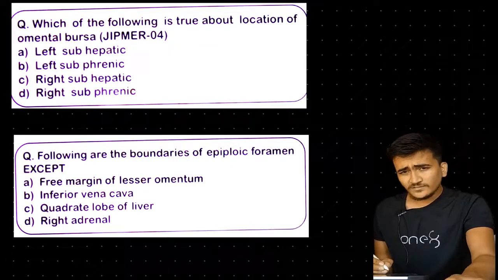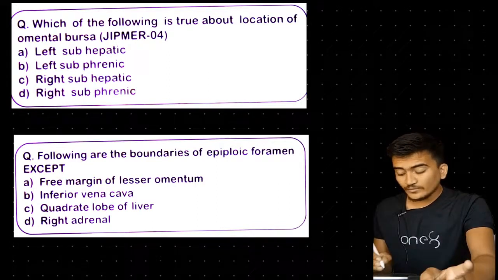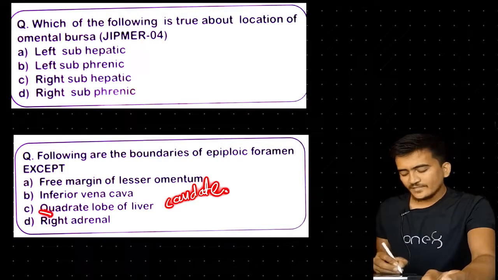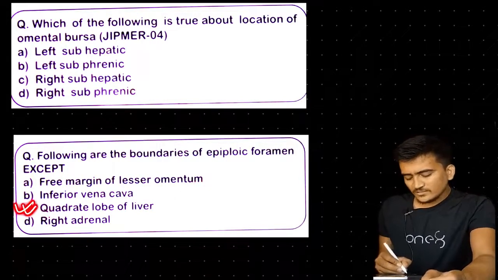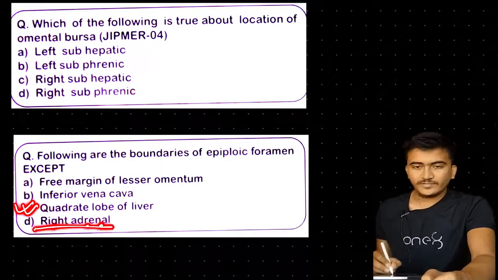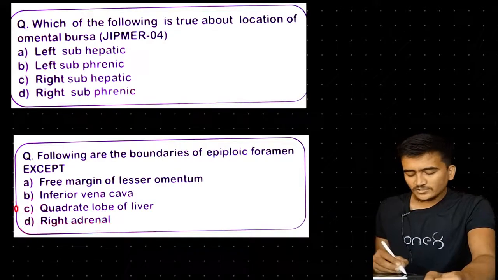The segment forming the superior boundary is the caudate, not the quadrate. So this can be the answer. Right adrenal, yes, the suprarenal gland, so this is not the answer. So our right answer is option C.